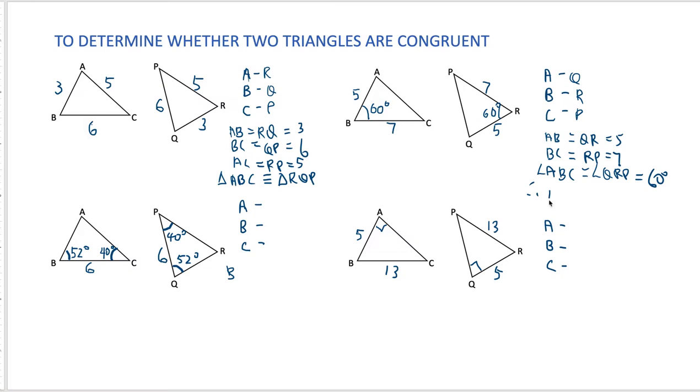Therefore, we can conclude that triangle ABC is congruent to triangle QRP.